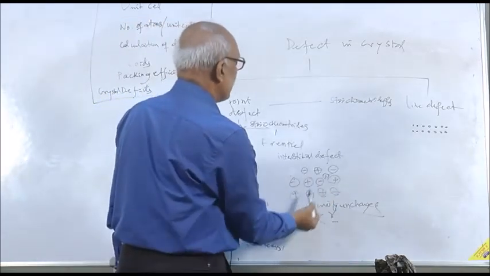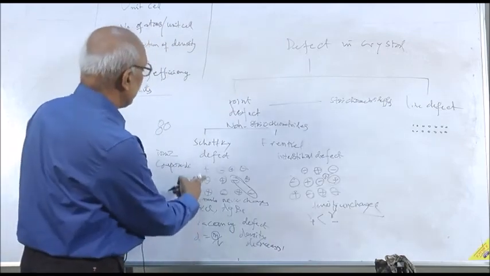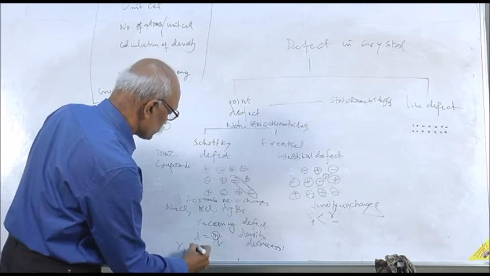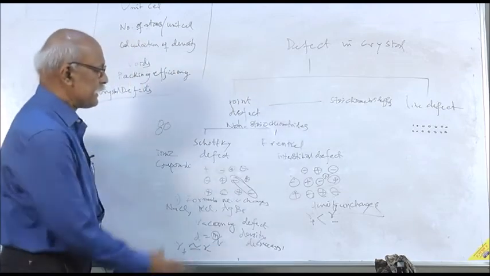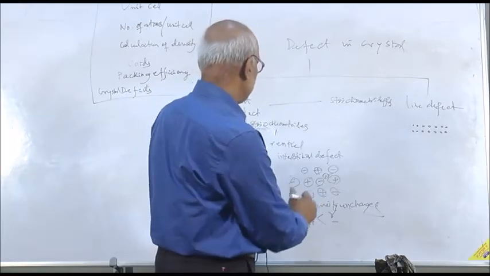But in the Schottky defect, the cation size is almost equal to the anion size. Here the size does not differ much, but in the Frenkel defect the size differs.